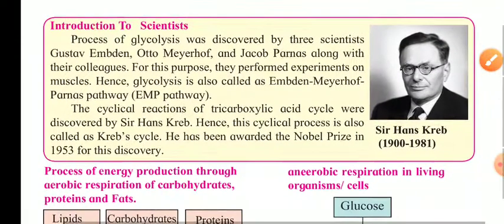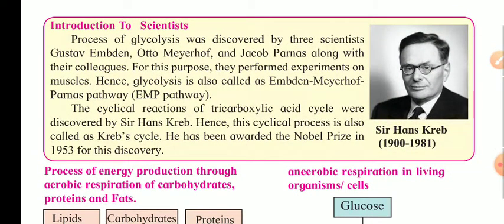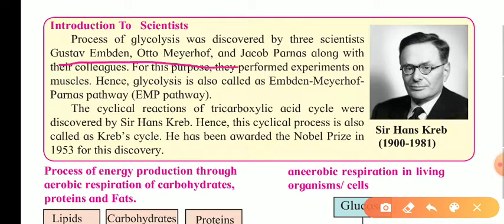Now, why it's called the Krebs cycle, they have mentioned here, and they have given an introduction about the scientists. The process of glycolysis was discovered by three scientists, Gustav Embden, Otto Meyerhof, and Jacob Parnas, along with their colleagues. For this purpose, they performed experiments on muscles.